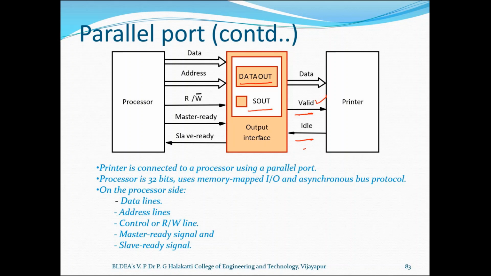The sout flag will be set to 1 when the printer is ready to accept another character, and is cleared to 0 when a new character is loaded into data out by the processor.